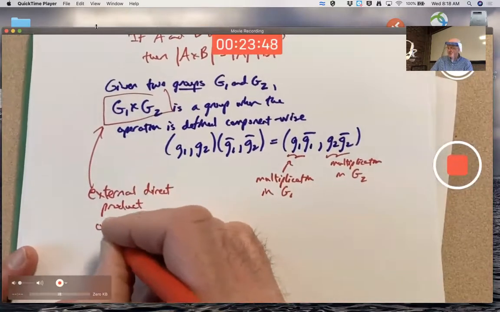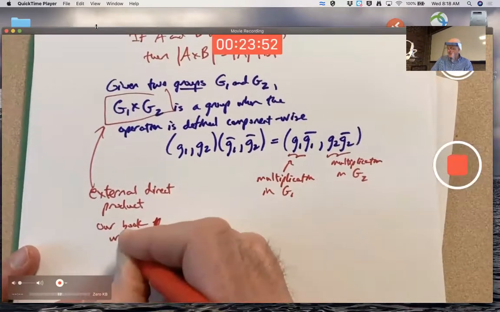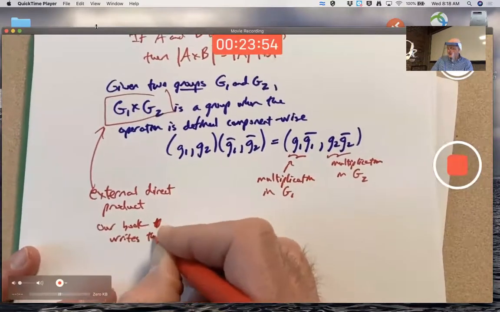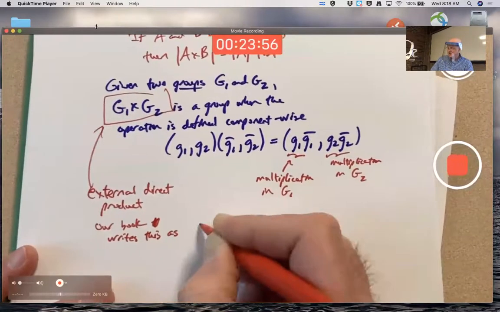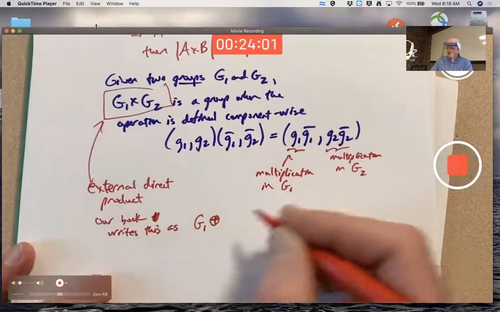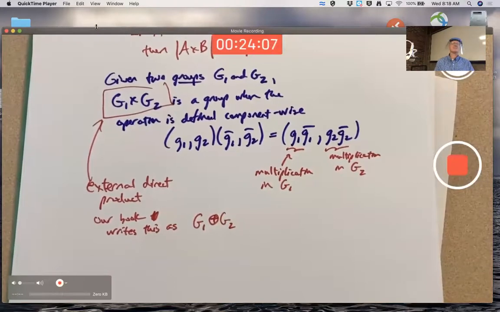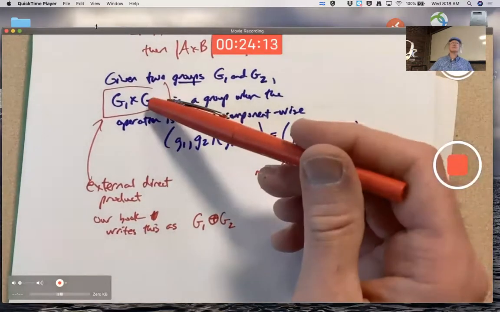Our book writes this as G1 with a plus sign and a circle around it, G2. This is actually not completely standard across every group theorist. Some group theorists go ahead and write the cross there.